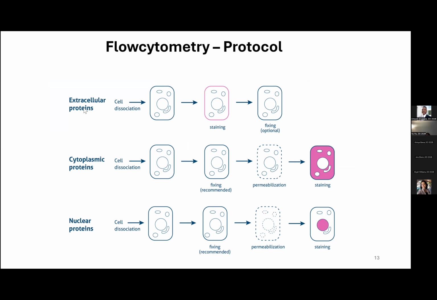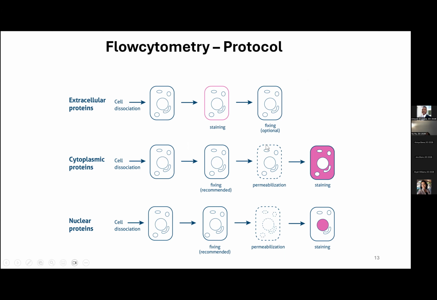Again, this is another protocol, it's more or less the same. If you are looking at extracellular proteins, just dissociate the cells, stain with the antibody, no need to fix. If you are looking at cytoplasmic proteins, get the cells, fix them, do permeabilization.